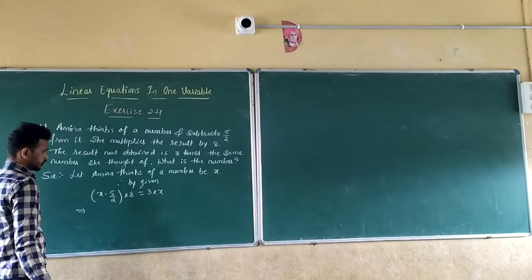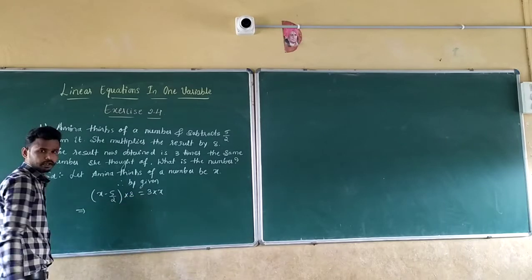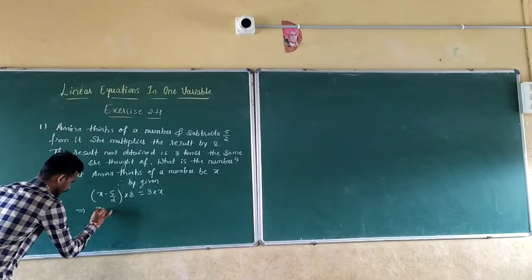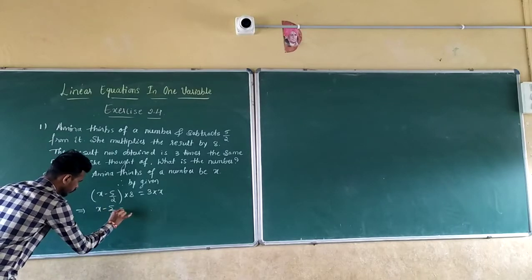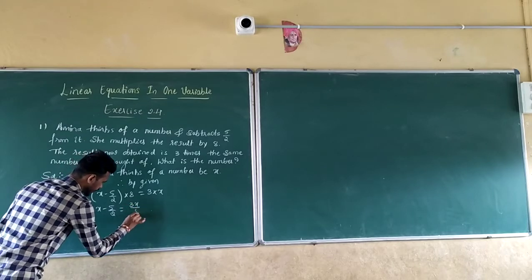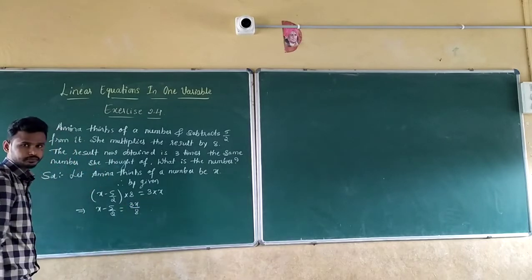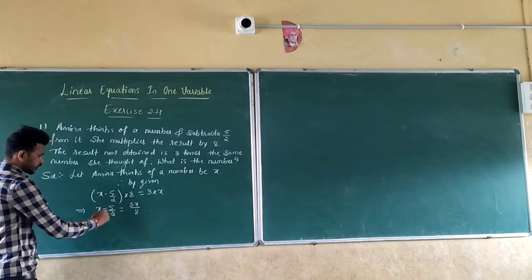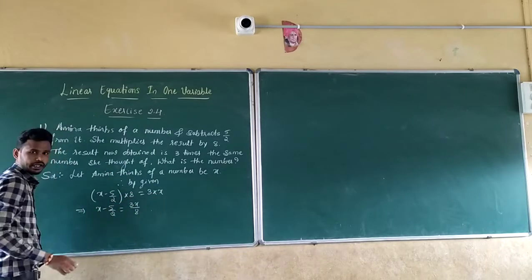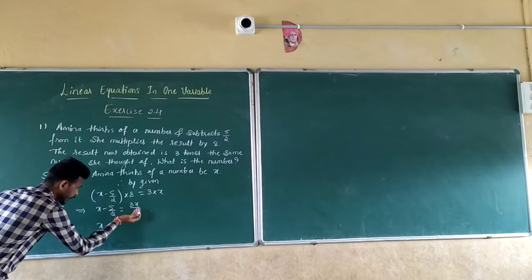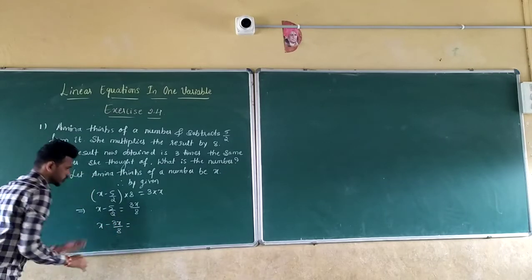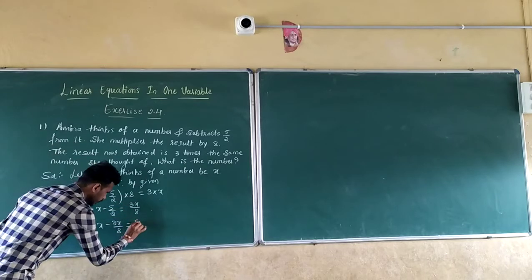So here 8 multiplication is there. Take that one to the RHS, that will become division. So x minus 5 by 2 equals 3x divided by 8. Now take minus 5 by 2 to the RHS and bring 3x by 8 to the LHS. What you will get? x minus 3x by 8 equals minus 5 by 2 will become plus 5 by 2.